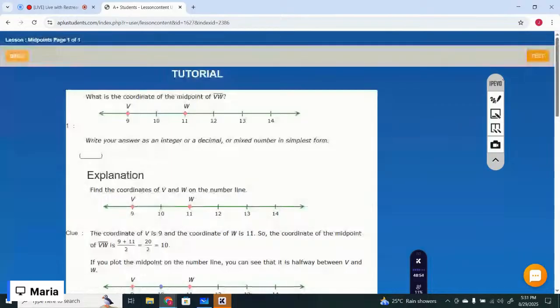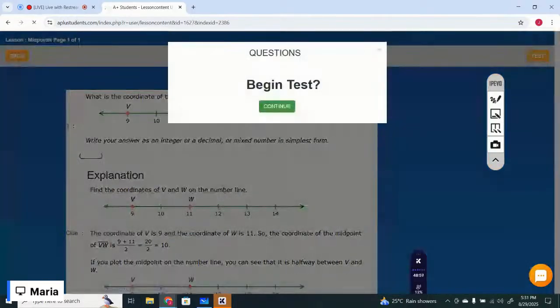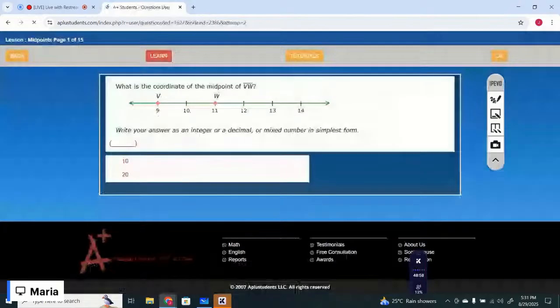Let's just start with the test questions. What is the coordinate of the midpoint VW?